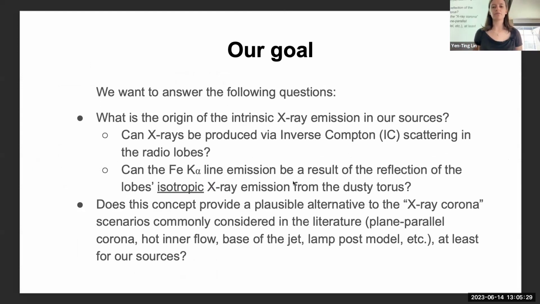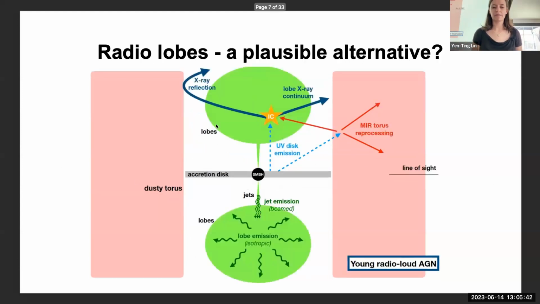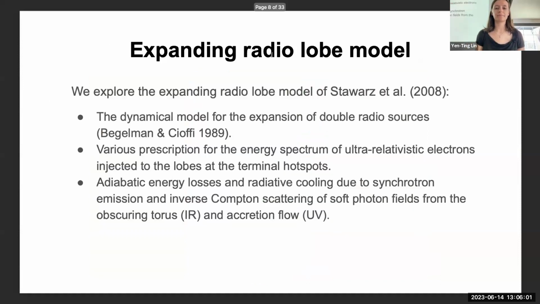Namely, can we explain the X-ray emission from our sources based on inverse Compton scattering in the radio lobes, replacing this general AGN image with one in which the soft photons are scattered within the radio lobes? And since the radio lobes are still compact in our sources, we can expect that the emission from the radio lobes can also be reflected at the dense torus, producing reflection lines.